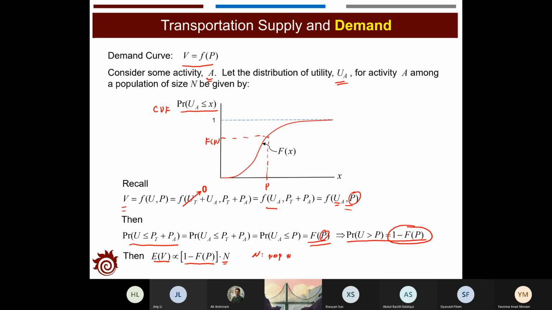And the 1 minus FP represents the probability of each person to take the trip. It also represents the probability that the utility is higher than the cost. So with this equation, we can identify the volume that will be applied from the origin to the destination based on the utility and the cost.